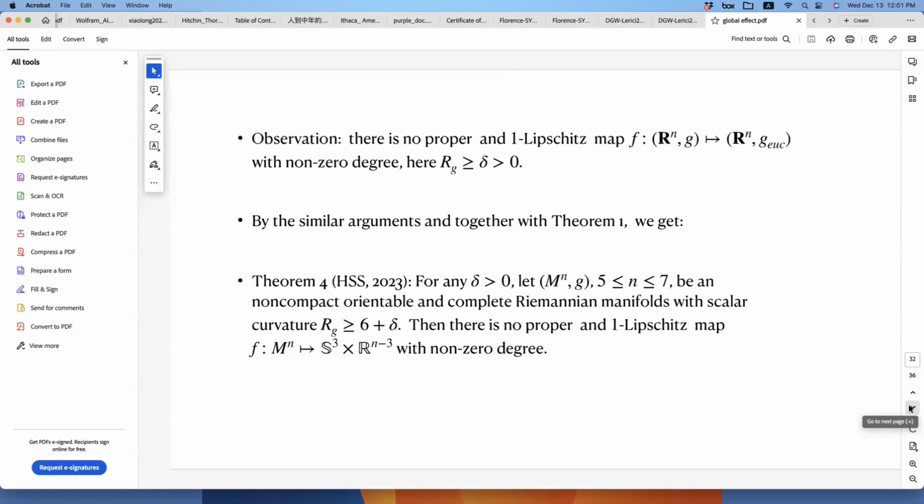For any positive delta, let (M^n, g) be a Riemannian manifold, where we assume the dimension n is between 5 and 7, non-compact, orientable and complete, with scalar curvature bigger than or equal to 6 plus delta, where delta is any positive constant. Then we can show that there is no proper 1-Lipschitz map from M to the model space with non-zero degree. Okay.